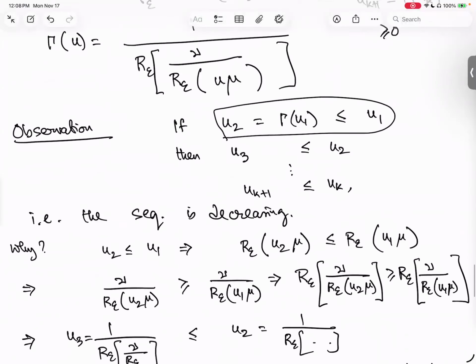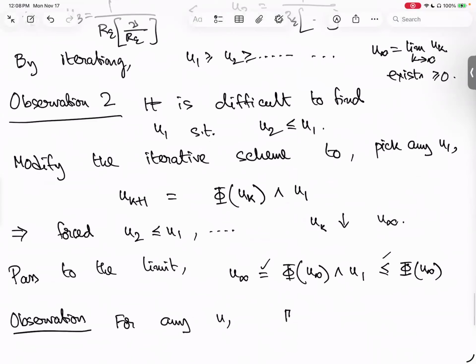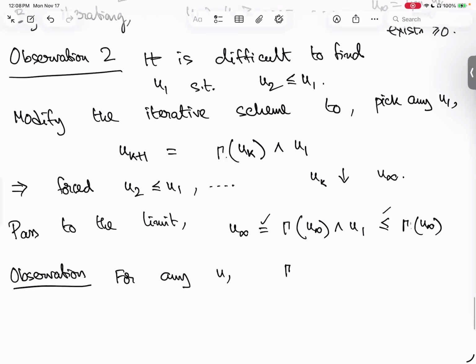This should all be gamma. I don't know why I'm calling it phi. It's written phi in my notes, but this is really all gamma. So for any u, gamma of u over u times mu is a probability density.